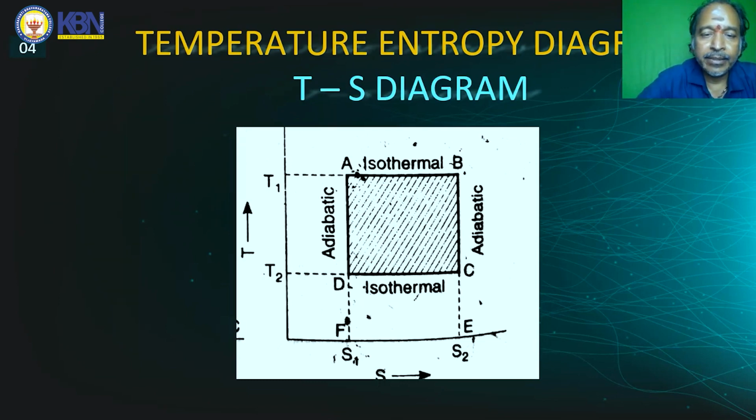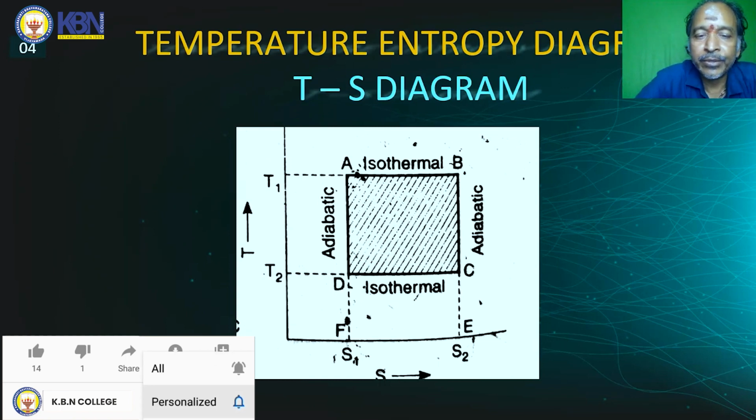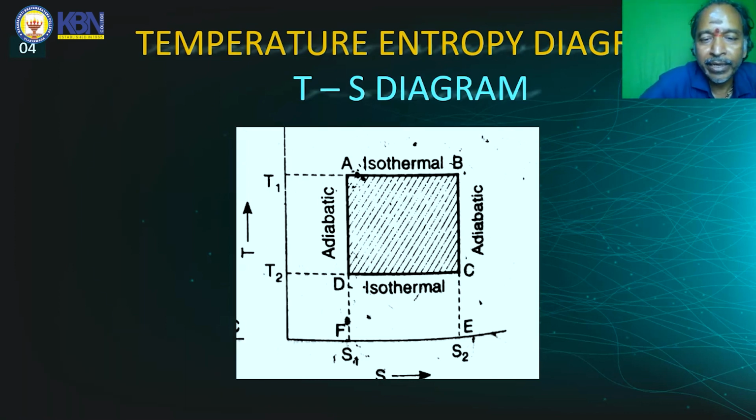CD is the isothermal compression, that means work is done on the system. Here the working substance is placed on the sink at temperature T2, and the heat energy rejected to the sink is Q2. So the entropy decreases from S2 to S1, but the temperature is constant at T2. So again we get the horizontal line CD.